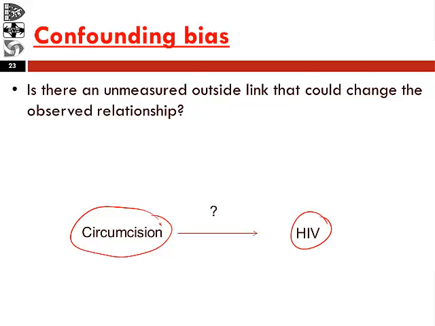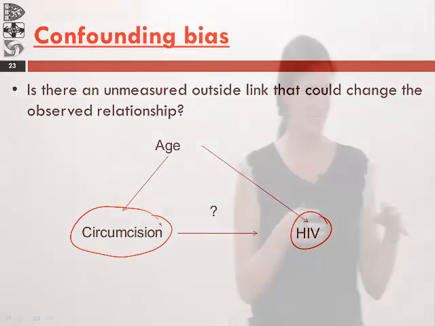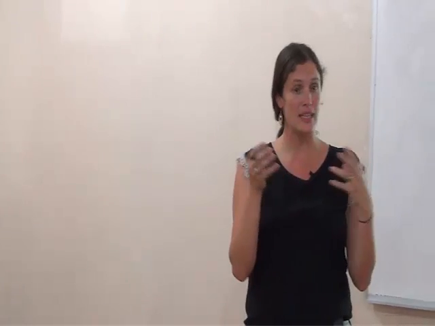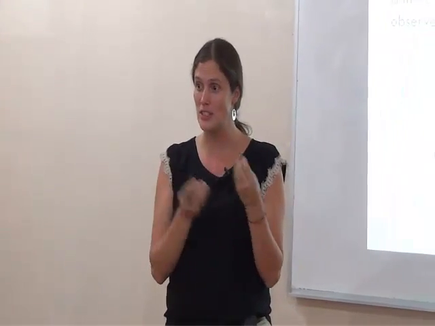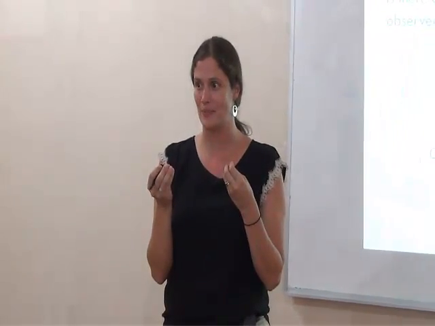There's a lot of things that are happening with people besides circumcision and HIV. So an example is age. Age can affect whether or not a person is circumcised, and age can affect whether or not a person has HIV, right? Age is something that is related to both circumcision and HIV.